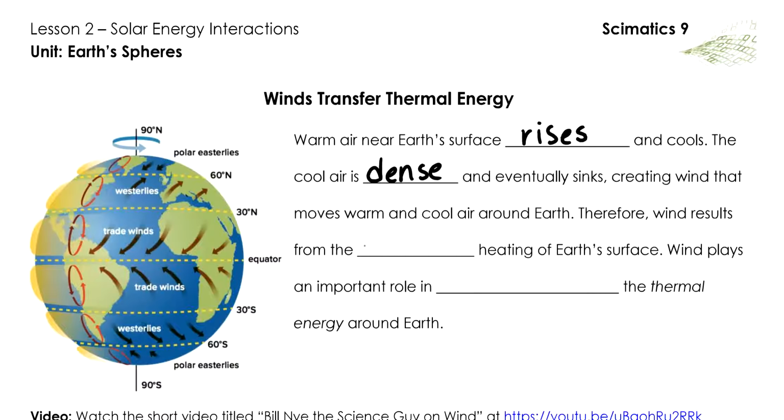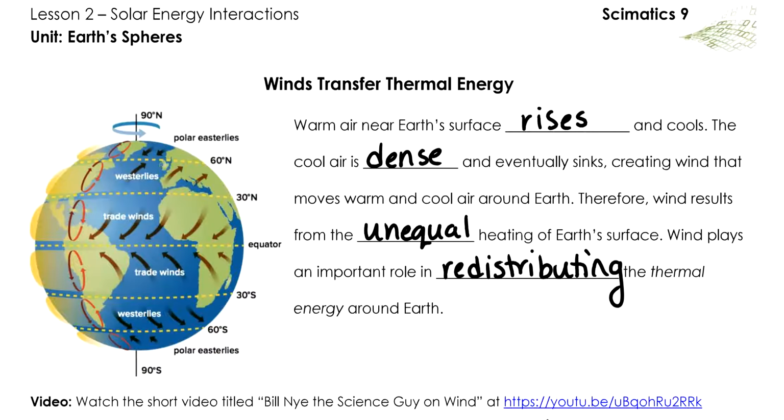Therefore, wind results from the unequal heating of Earth's surface. And because of the movement of this air as a result of these natural cycles, in the end, heat gets distributed to places that it usually wouldn't reach as easily. Wind plays an important role in redistributing all the thermal energy from the sun around the Earth.